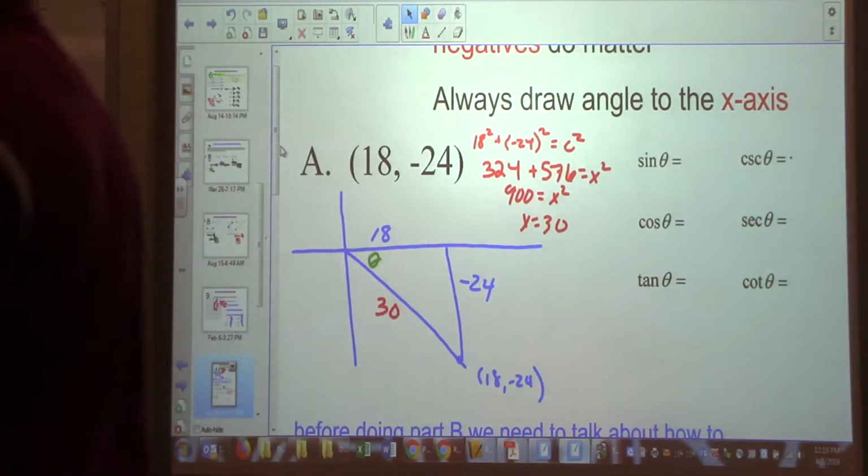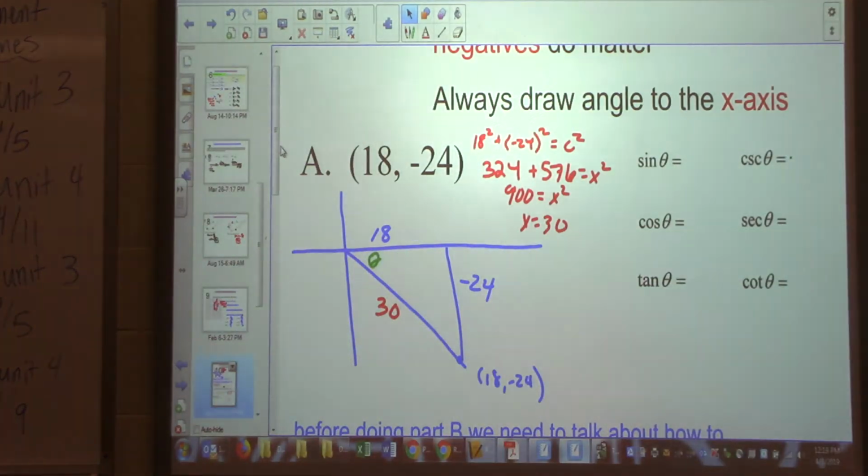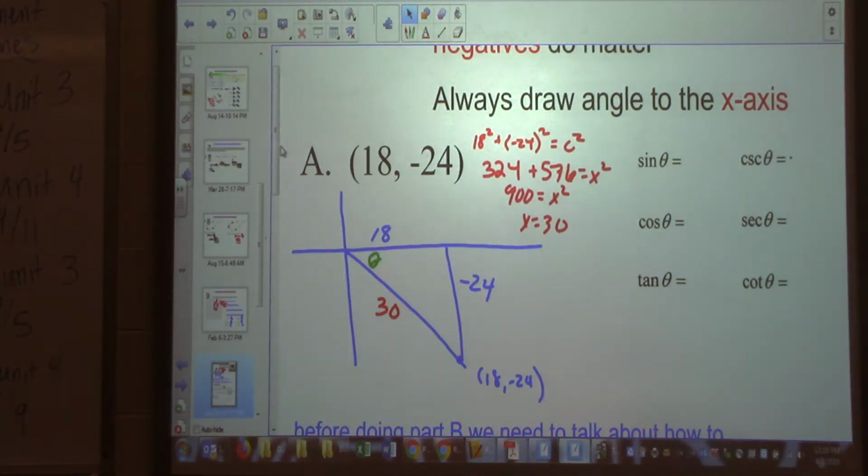Coogie said reduce. Why do we have to reduce that? Because you reduce every fraction, and you reduce your ratios.